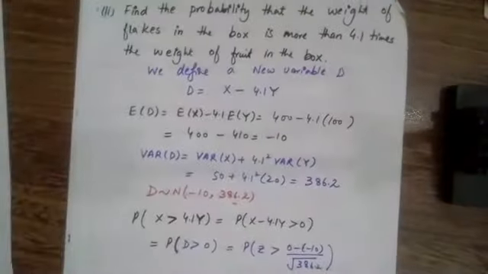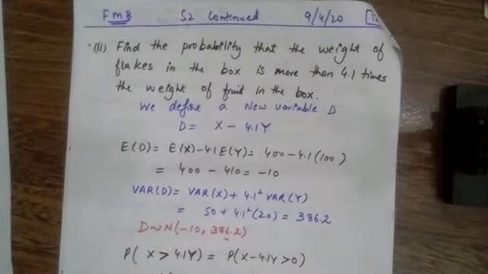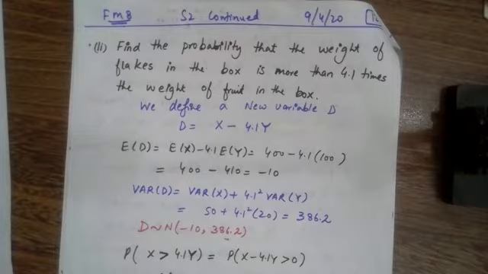Now we move on to the second part of this question. It says find the probability that the weight of flakes in the box is more than 4.1 times the weight of the fruit in the box.